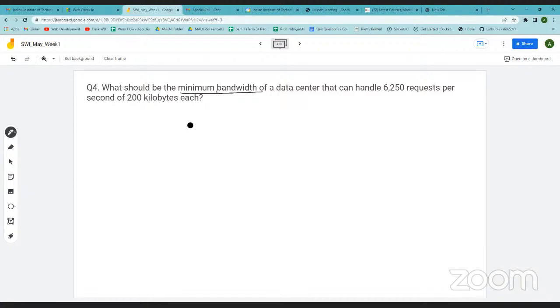Bandwidth is the amount of data a network can handle per second. For example, if you are using Wi-Fi, it will give you the bandwidth of the Wi-Fi. For example, it gives 10 gigabits per second. 10 gigabits per second is the bandwidth of this Wi-Fi. What does that mean? You can receive or send 10 gigabits of data per second.